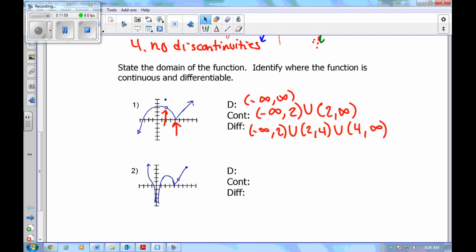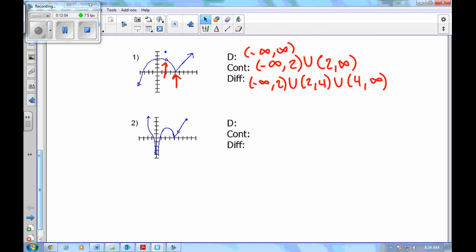It looks like we did okay until some people left the interval where it's differentiable blank, or got stuck a little bit. Domain-wise, this arrow tells you to go to the left forever. And then as we go to the right, we have all x values except for which values? x equals 0 and x equals 5, because there's that hole.